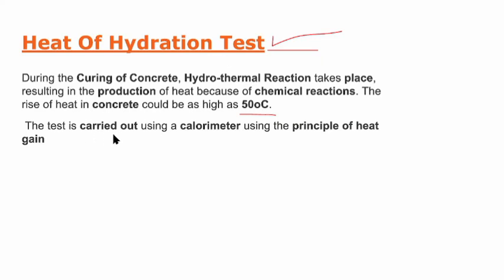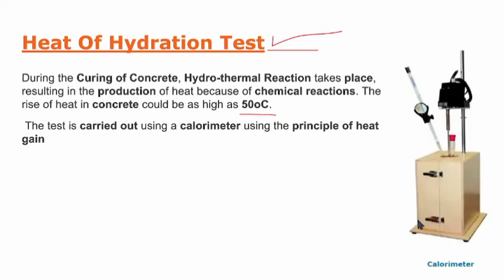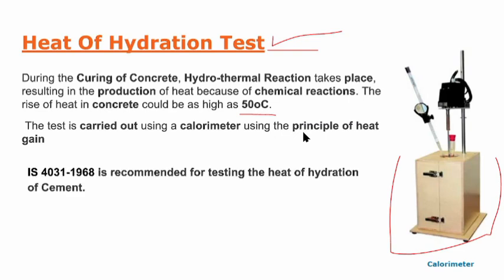The test is carried out using a calorimeter. This here is the calorimeter which is used for the heat of hydration test. The IS code is IS 4031-1968 for testing heat of hydration of cement.